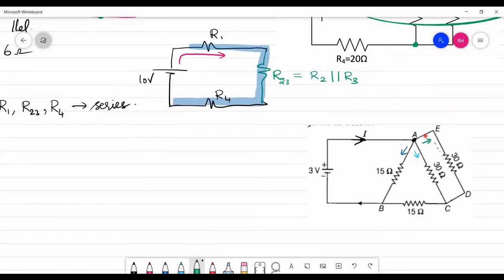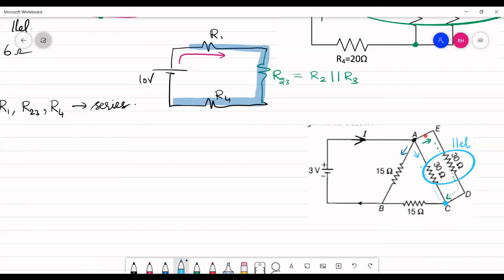This current is going to flow through this 30 ohm and it's coming to point C. Similarly, this current, in blue color, is also passing through this 30 ohm resistor and it's again meeting at point C, which means these two resistors are connected in parallel.